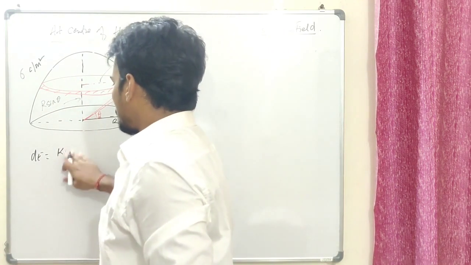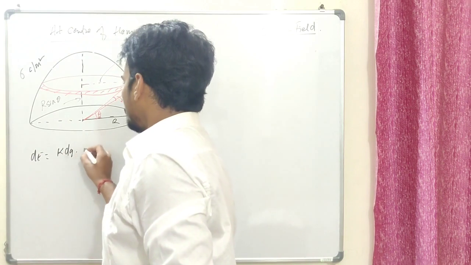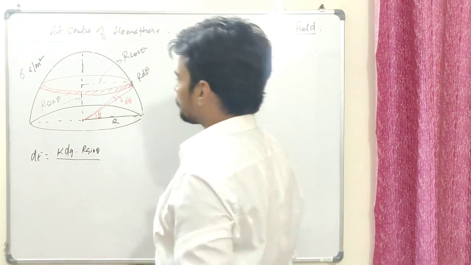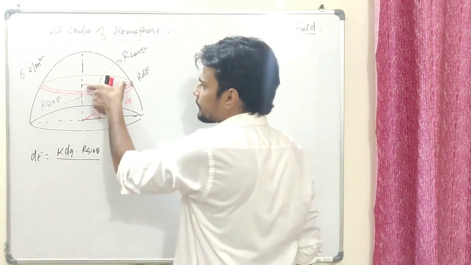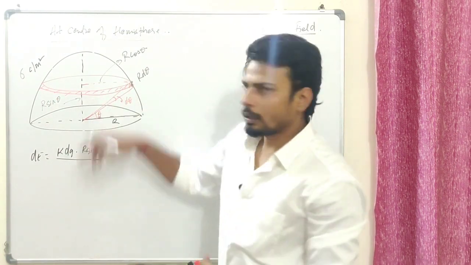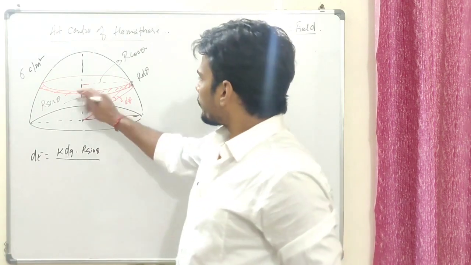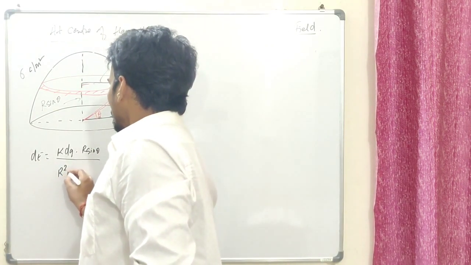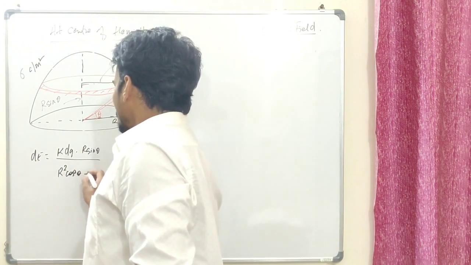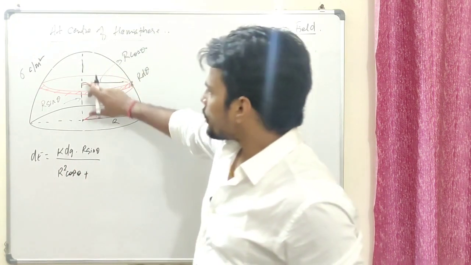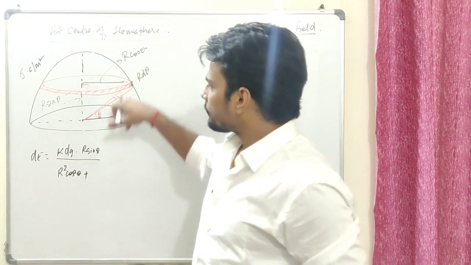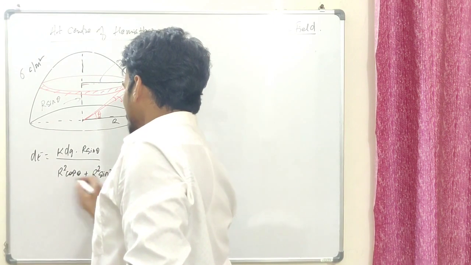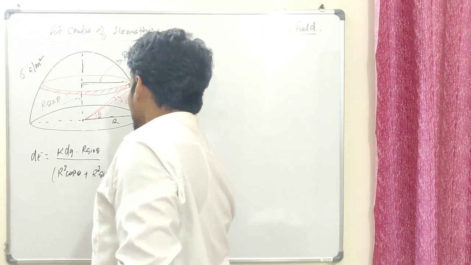So I'm going to have, let's put dq, of course, dq r sin theta over this length squared, r squared plus x squared, right? Over, the radius of the ring is how much? R cos theta. That should be r squared cos squared theta plus the distance of the point from the center of the ring, that should be r squared sin squared theta, to the power of 3 over 2.